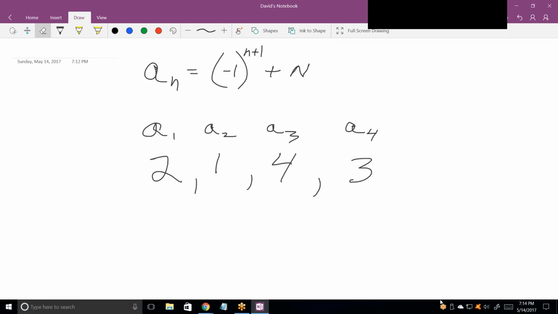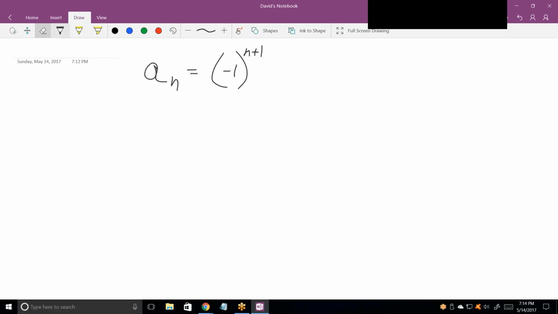This part of it does that. The -1 to the n plus 1. In other words, if I do this, it's 1, -1, 1, -1, 1, and so forth.